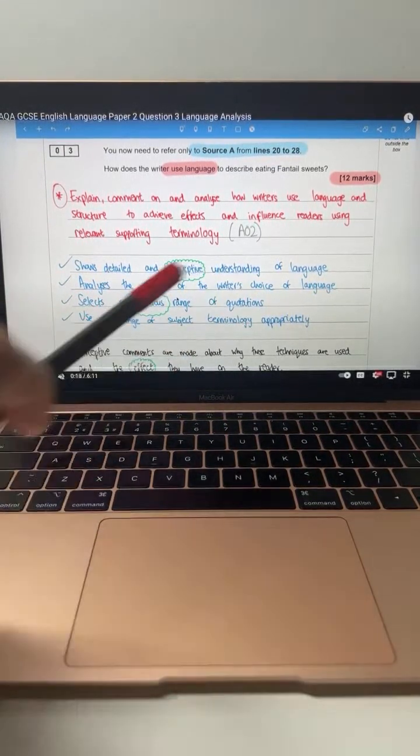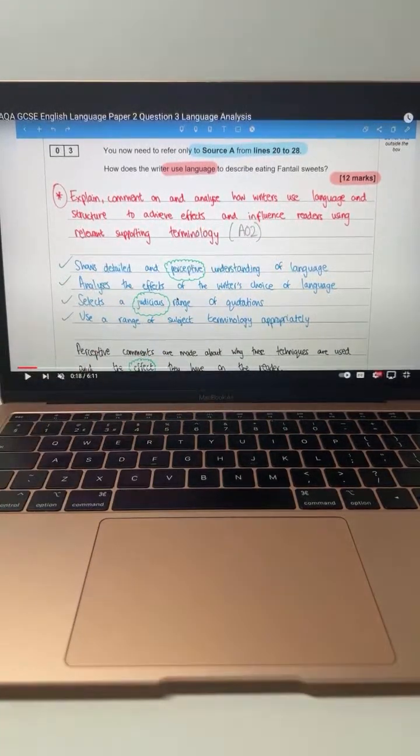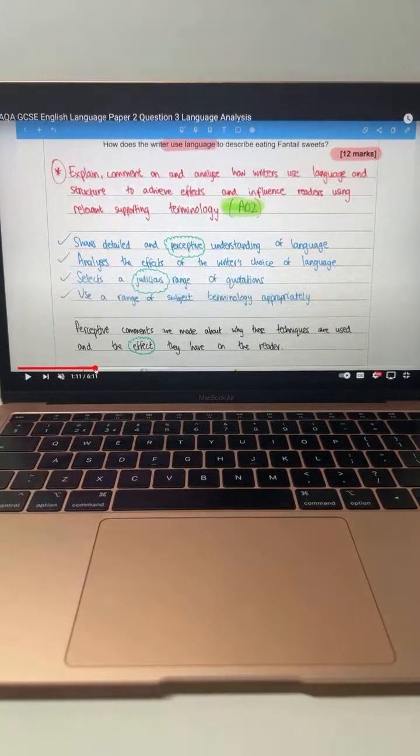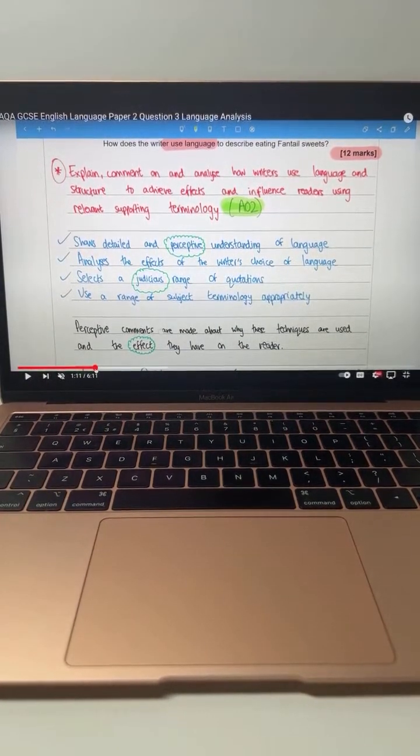Use a range of subject terminology appropriately. Make sure you identify the relevant subject terminology. For example, if the writer uses an adverb, make sure you identify which word is the adverb. If the writer uses personification, make sure you show evidence of how the writer has used personification and the effect of using personification.